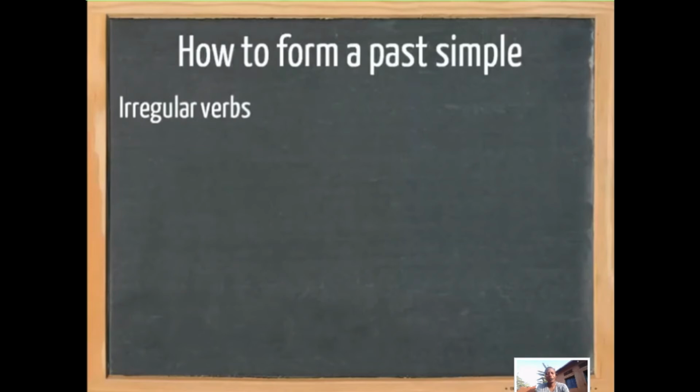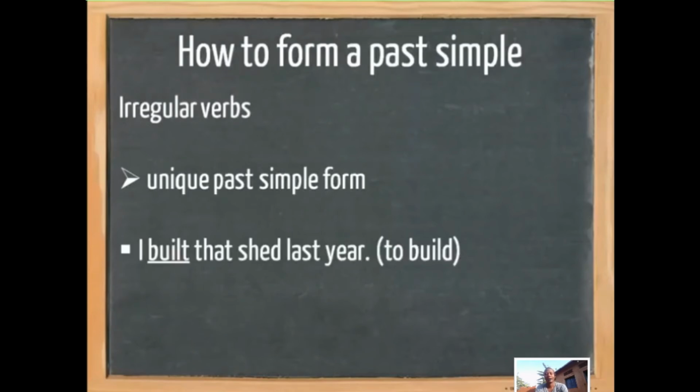And how do we form past simple for irregular verbs? On irregular verbs, we have a unique past simple. That means each verb has its own past simple. For example, on build, we would say, I built that shed last year.